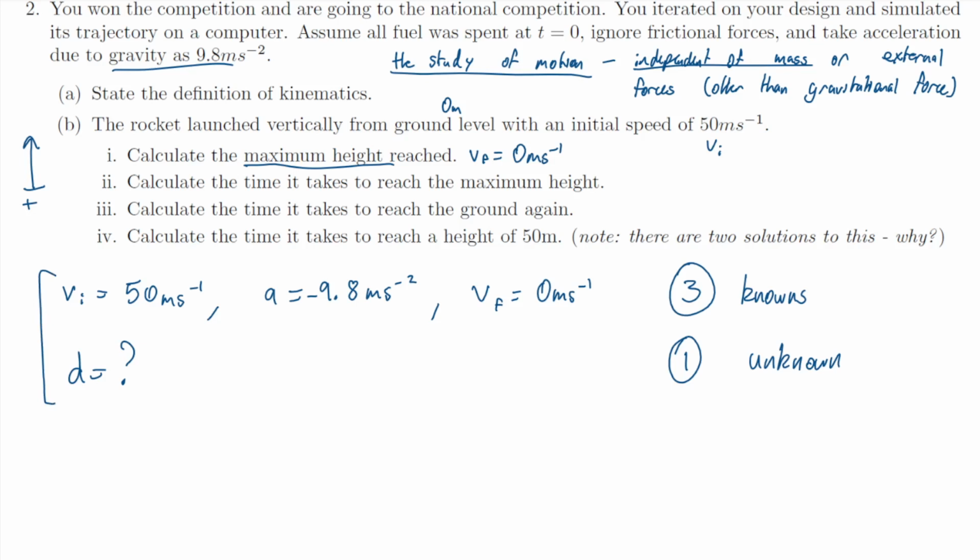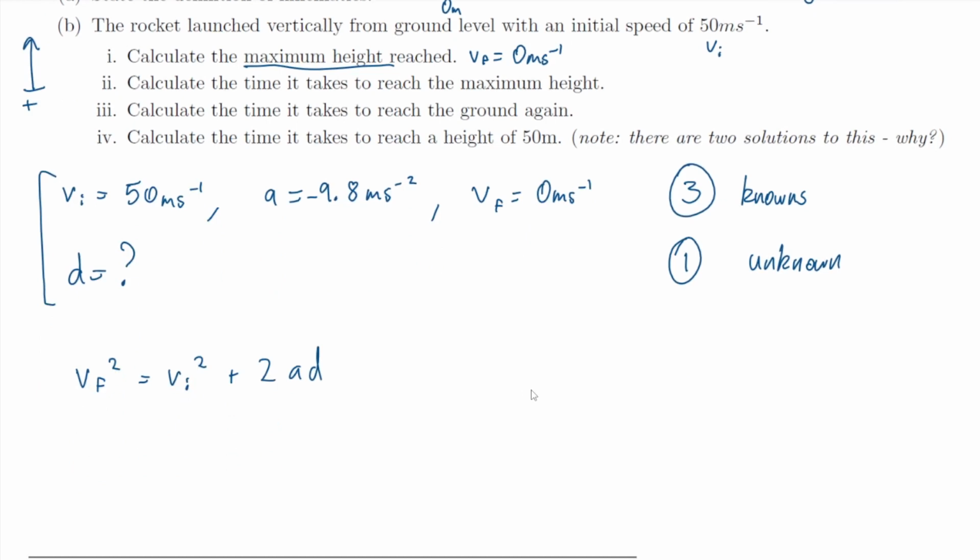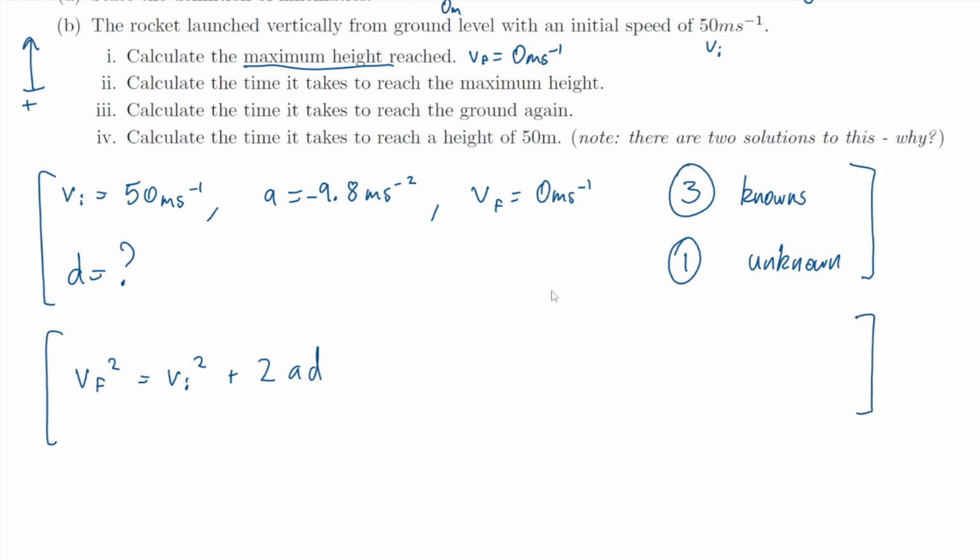Now step two, finding that equation, I see Vf squared equals Vi squared plus 2AD. So double checking that that has everything we need. Yep. That's step two.